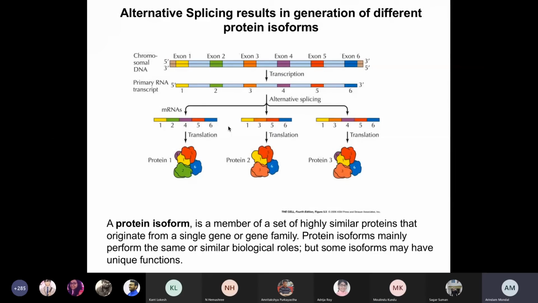So basically, once you have the mRNA, it will be utilized by the translation machinery in order to synthesize the proteins. Now, if you want to generate highly similar proteins, that means you need to have mRNAs which will be to some extent similar to each other.